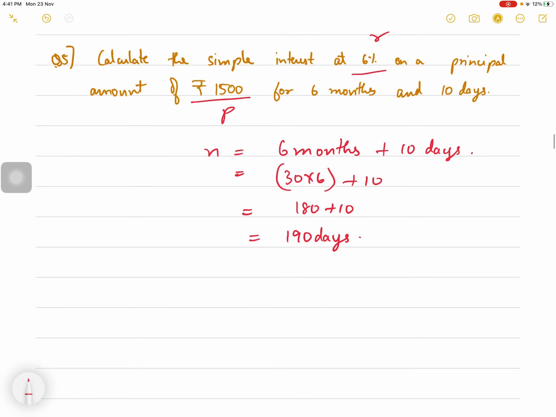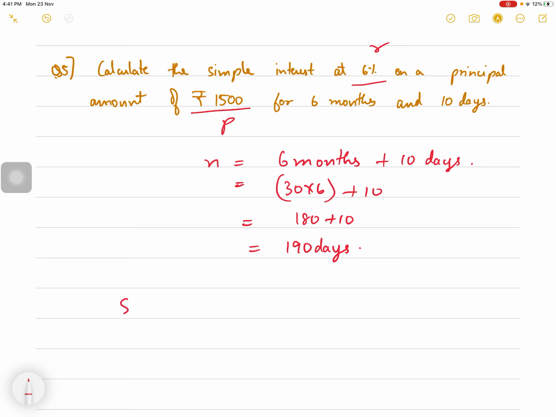So please calculate. I believe all my students are calculating on their own. So simple interest is equal to P into N into R. Principal is 1,500. N is 190 divided by 365 and R is 6%. 6% means 6 divided by 100.